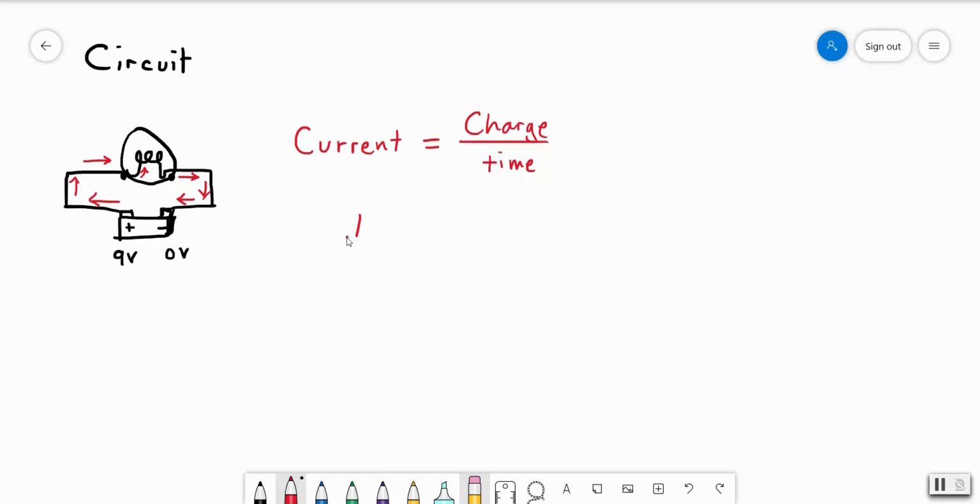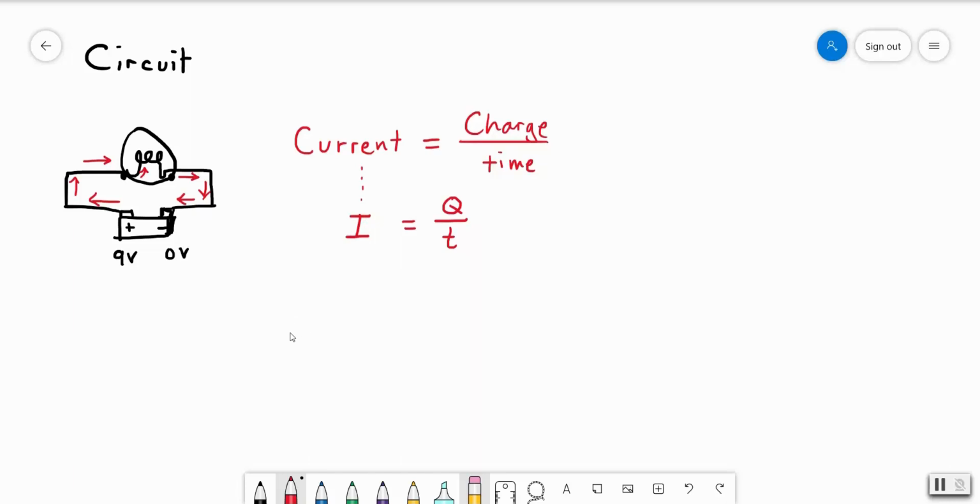We usually write that as I, the current is I, and that's going to be equal to the amount of charge that flows in a unit time. I do not know why they use I for current, but they do.